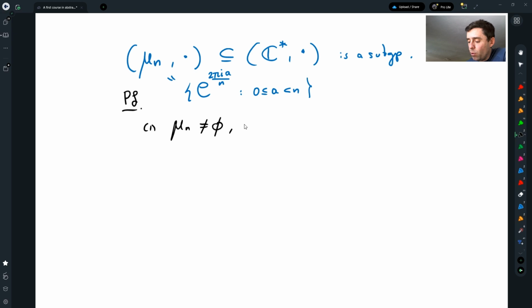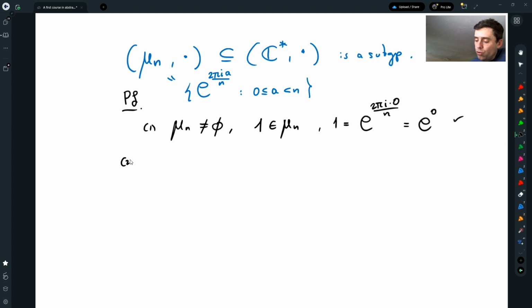We have, for example, 1 is in mu n. 1 is precisely e^(2 pi i 0). When I put 0 in there, I get e to the 0, which is 1. Okay, so there is something in there.